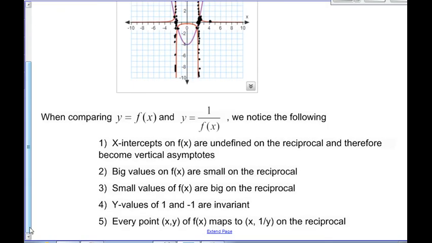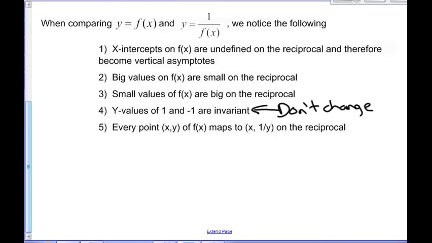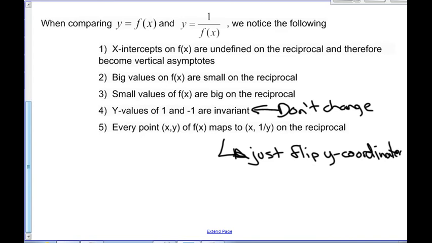Y values of 1 and negative 1 are invariant. That means they don't change. And every point (x, y) maps to (x, 1 over y) on the reciprocal. That means just flip the y coordinates, as in take their reciprocal.